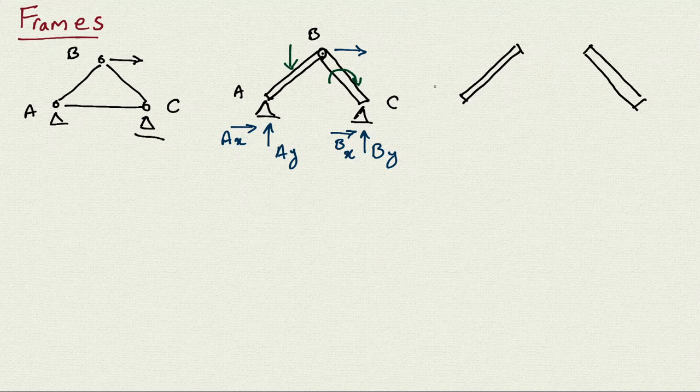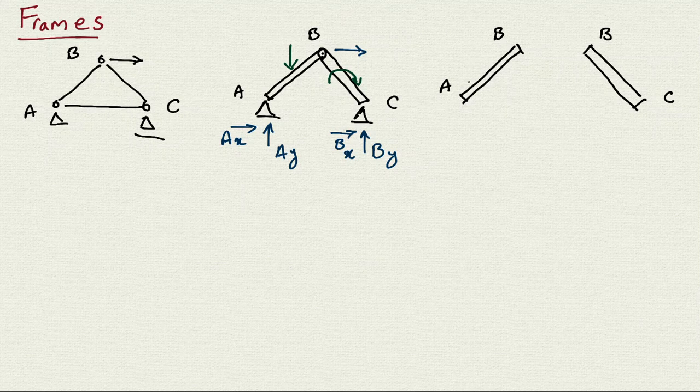So it's going to be A, this is going to be AB, and this is going to be BC.